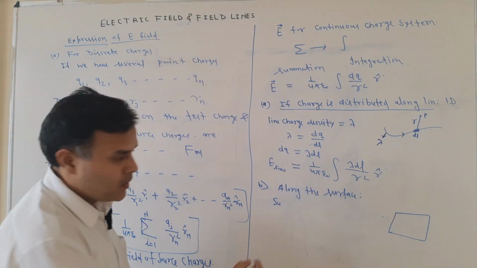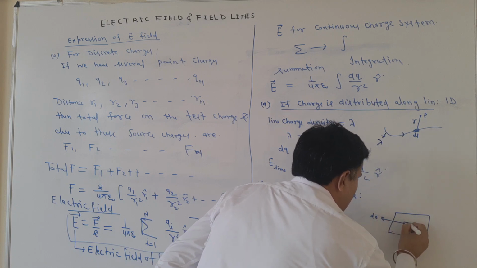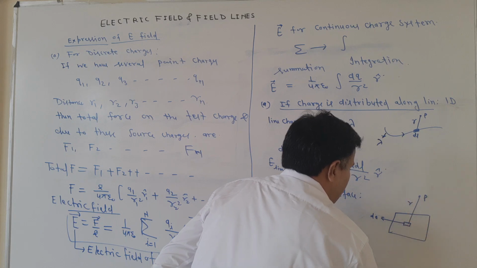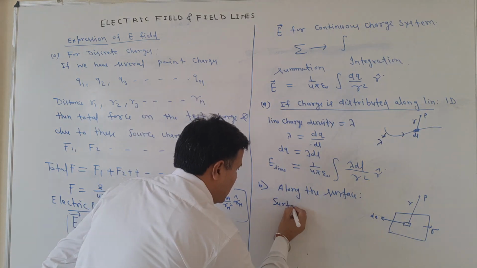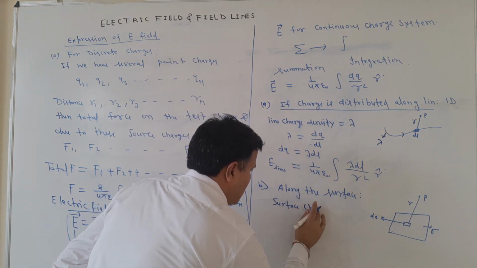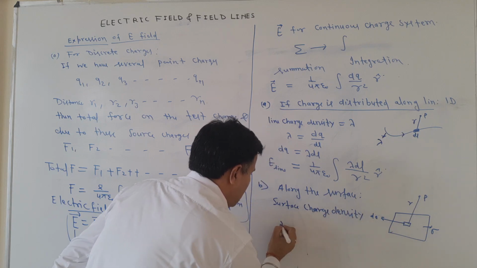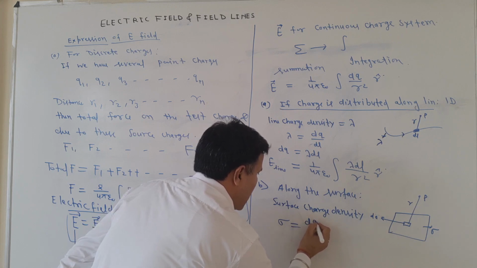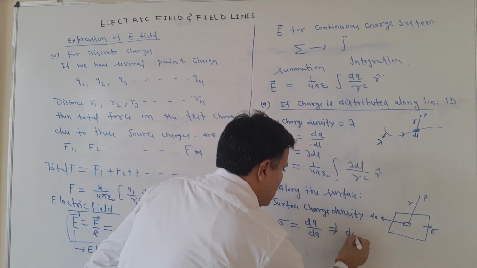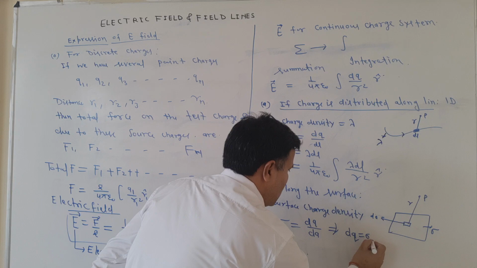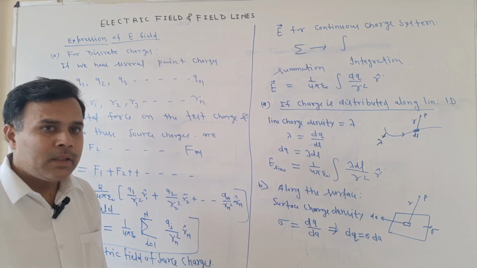Consider a small elemental area dA, and we want to find out the field at this point, with the surface having surface charge density sigma. Sigma is dq by dA, charge per unit area, which implies that dq is sigma dA.